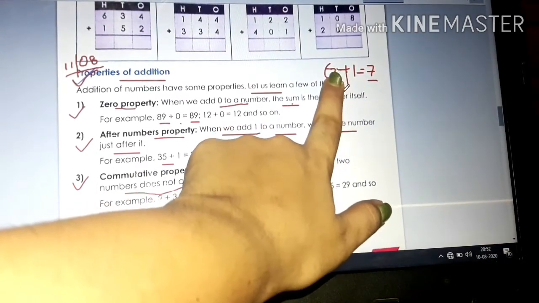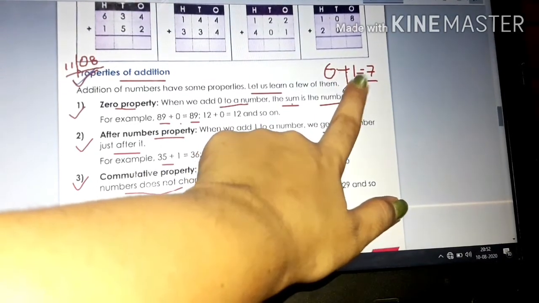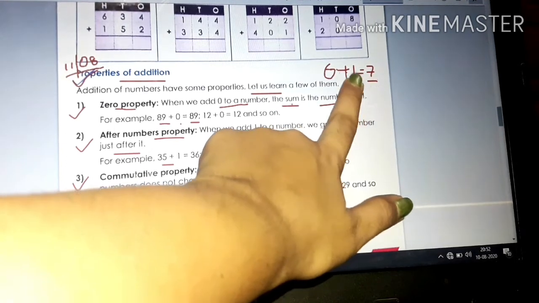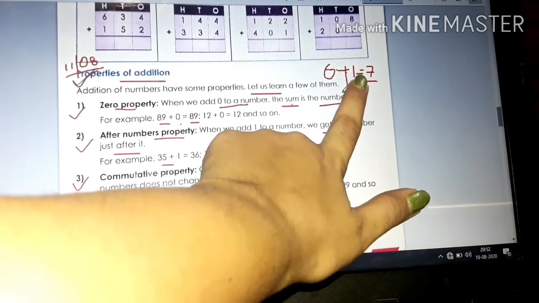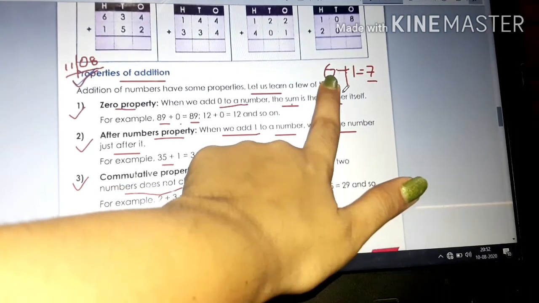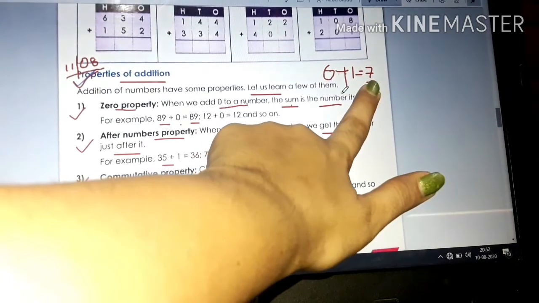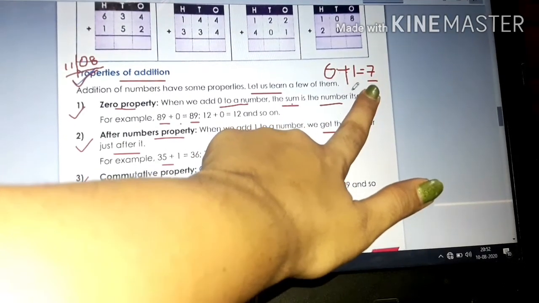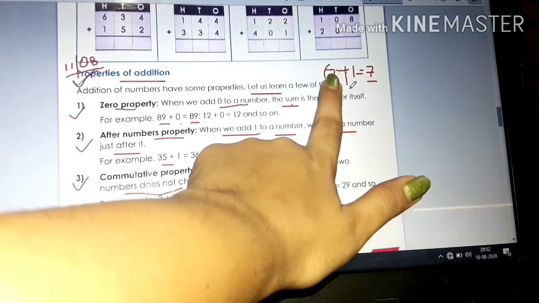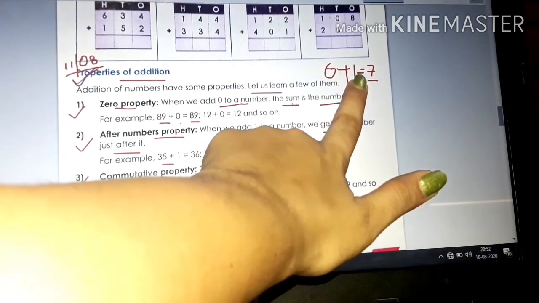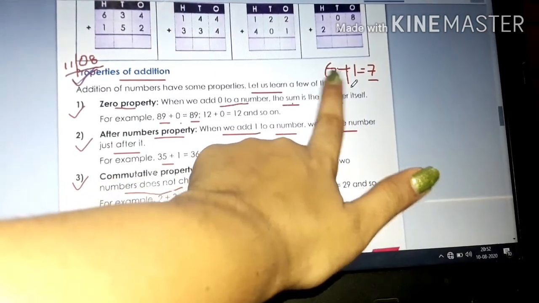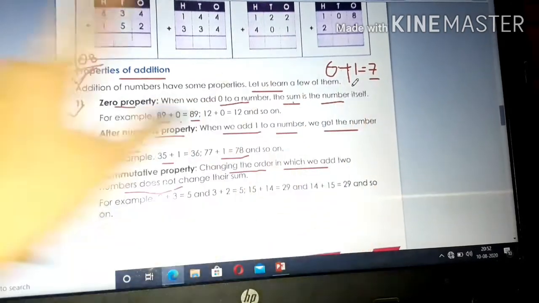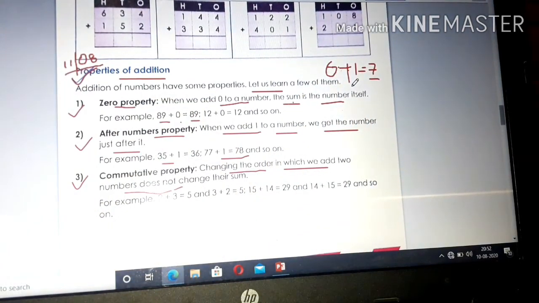What do you get? 7. You can also do addition like 1 plus 6. Even then what will you get? 7, isn't it? That means whether you read 6 plus 1 or 1 plus 6, the sum will be the same. The sum does not change.